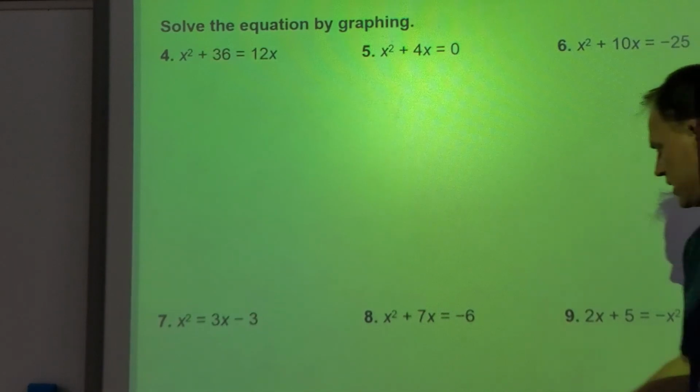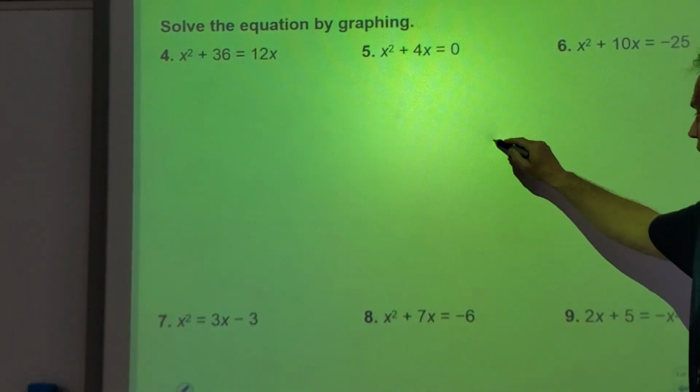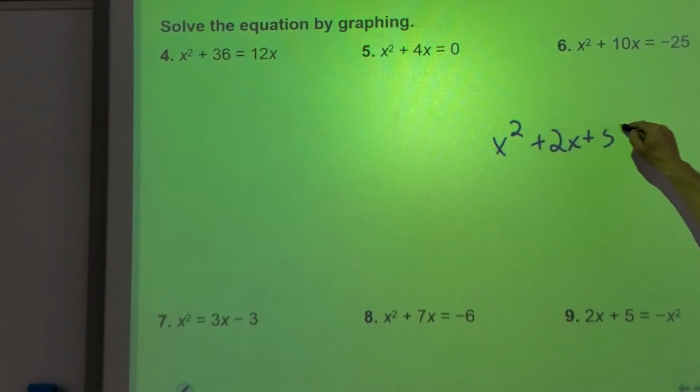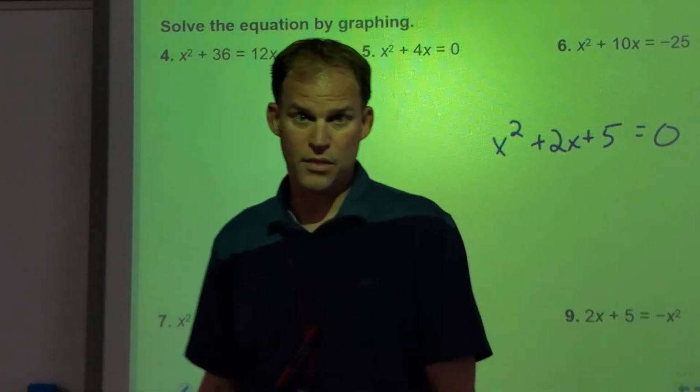Let's practice this. Do number 9 on your own. Okay, I'm going to write up here. So again, I need the positive x squared. I'm going to put this over to this side, so I get x squared. And again, do you know anything that multiplies to 5 and adds to 2? And of course there is not. So I need to go back to the other method.